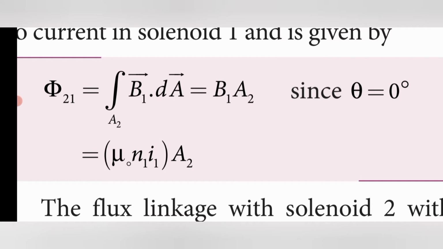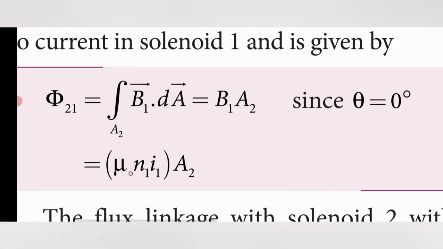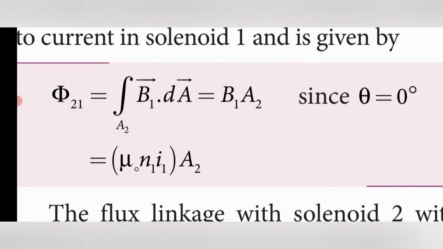So this magnetic field passes through solenoid 2, and the magnetic flux is linked with each turn of solenoid 2 due to solenoid 1. Only solenoid 1 has current passing through it and produces the magnetic field. So we have to find the magnetic flux linked with solenoid 2. It is referred to as phi 2 1, that is, in 2 from 1. Phi 2 1 is equal to the integral of B dA, the general equation.